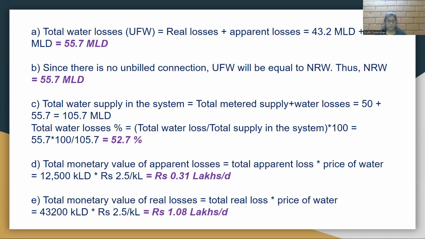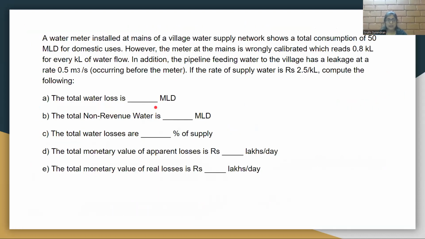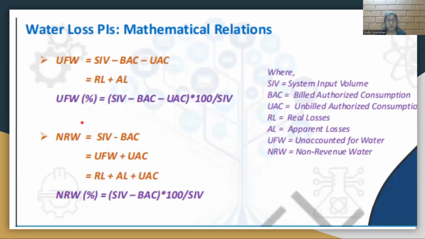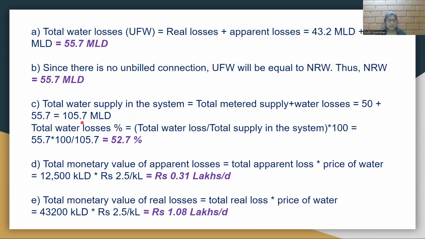So this problem covers almost the computation of real loss, apparent loss, total revenue, and water. What is the total supply in the system? The only glitch that I see here is the possibility of taking this 50 million liters as the system input volume. But you have to add the leakage, the amount of water that is being leaked, along with this 50 million liters per day in order to get the total water entering the system.